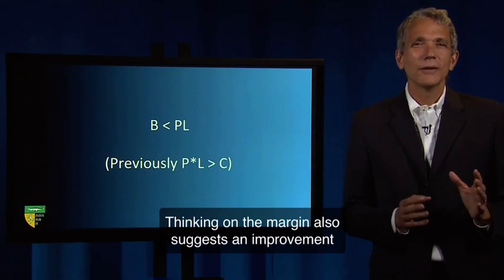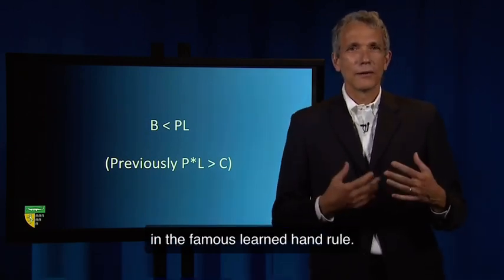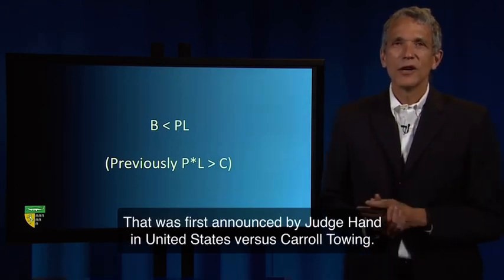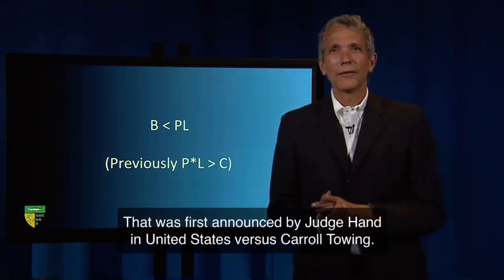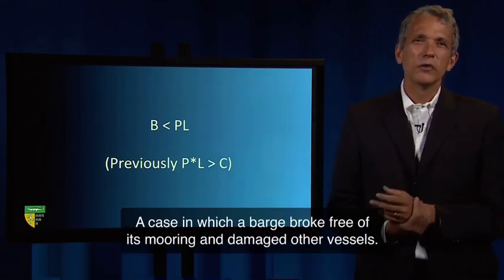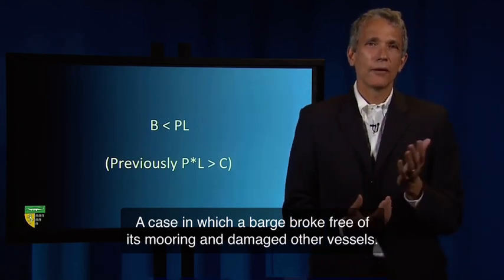Thinking on the margin also suggests an improvement in the famous Learned Hand rule that was first announced by Judge Hand in United States versus Carroll Towing, a case in which a barge broke free of its mooring and damaged other vessels.